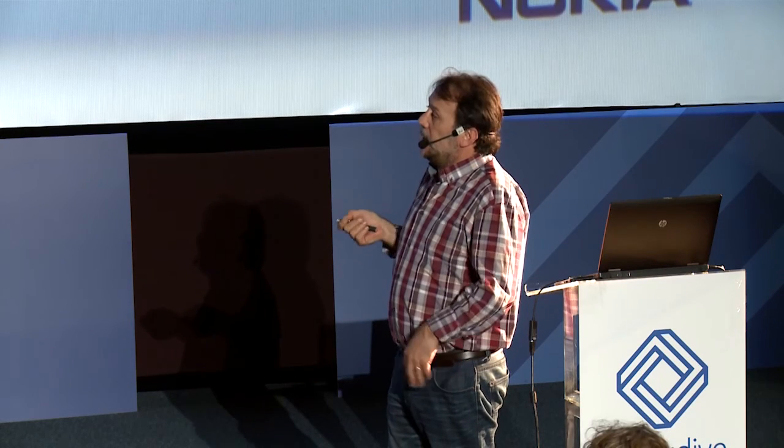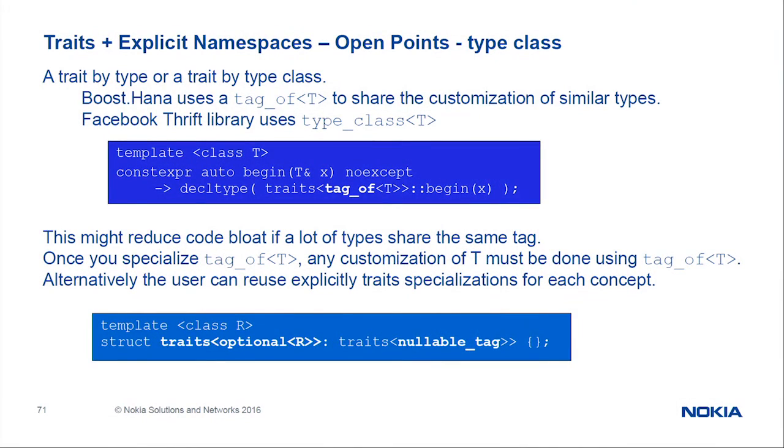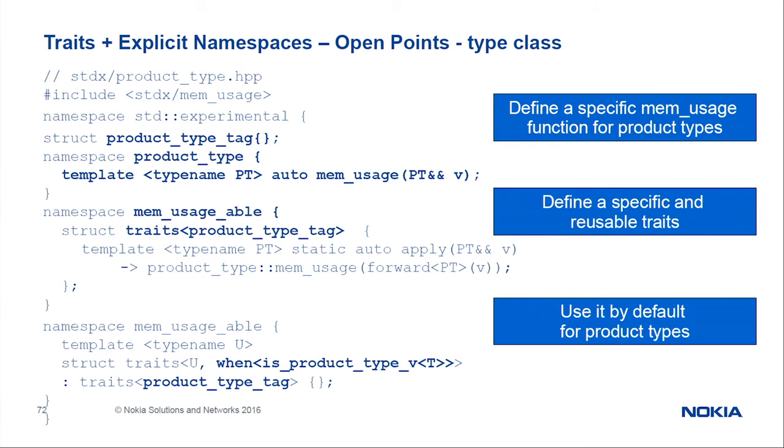I am retrieving, saying, okay, optional R is a nullable in this context. I can reuse some threads. Okay. Then the tag is something that is useful. And here, for example, is the slide that I should not have shown before.